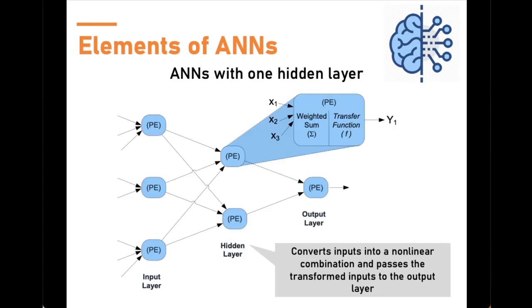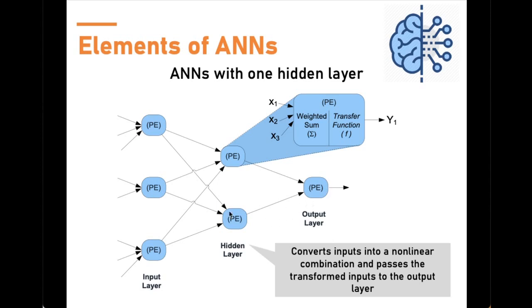Here in this slide, we can see the structure of an artificial neural network with a single hidden layer. So we've got the input layer, the hidden layer, and the output layer. The hidden layers are the intermediate layers between the input layer and the output layer.